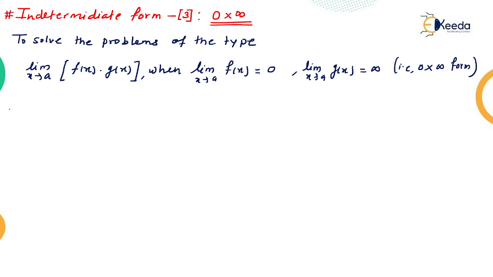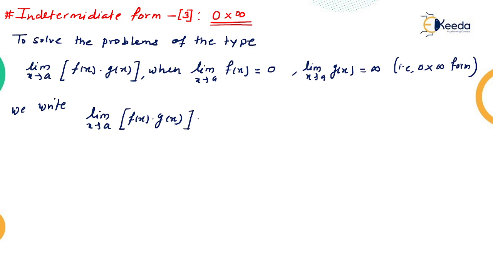So we write limit as x tends to a, f(x) into g(x). This is a product of two functions.